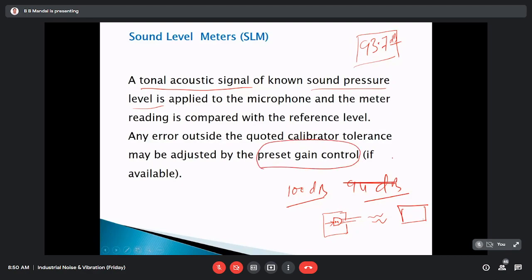Now we have to use the preset gain control. Preset gain control is basically like adjusting the volume control. You have to adjust a potentiometer in analog circuits. That means you will have a knob, you rotate and adjust it.